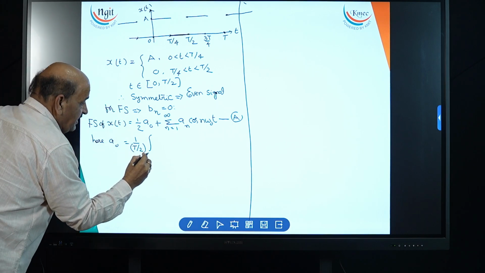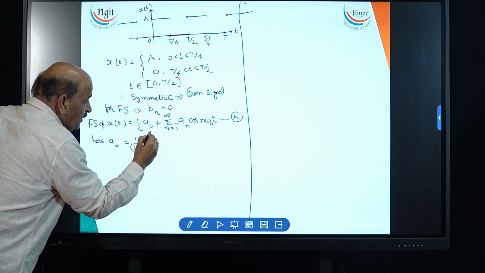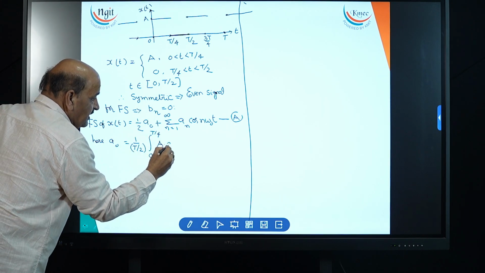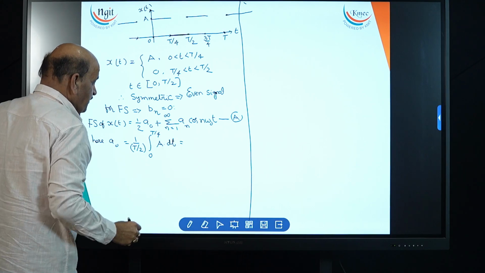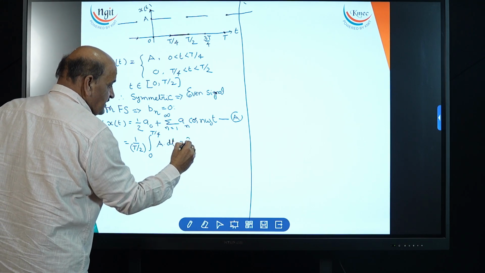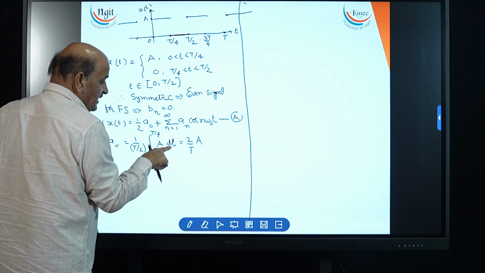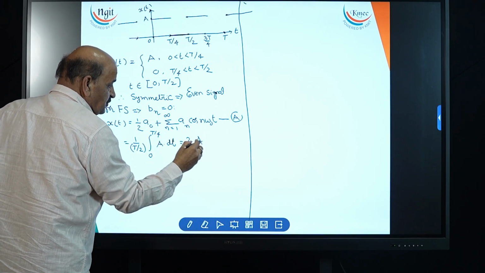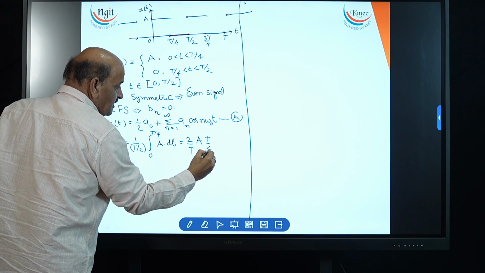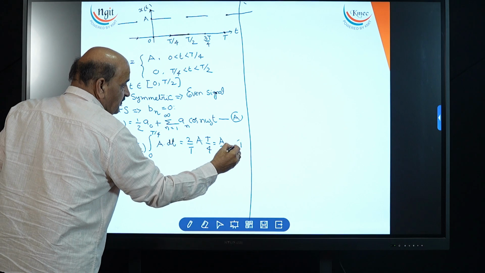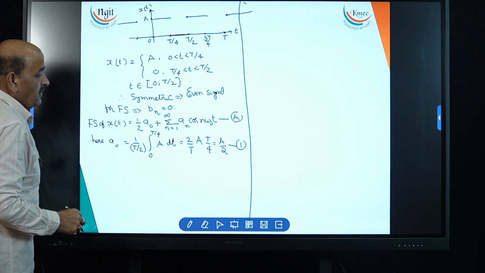So directly write the first part, 0 to T by 4 of x of t, x of t means A into dt. A is constant, and this is 2 by T. For this integral we get small t, substituting the T by 4 value. Therefore, its value is equal to A by 2. This is the first value. T, T cancel, A by 2.